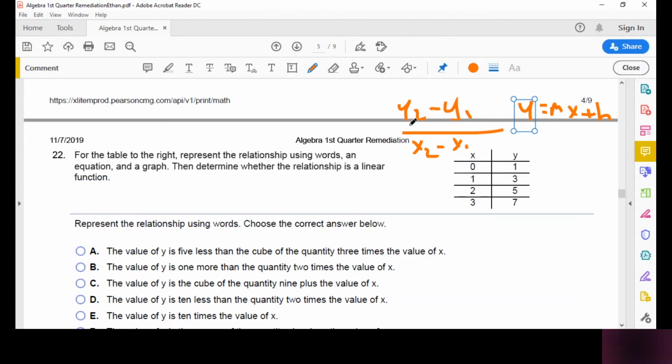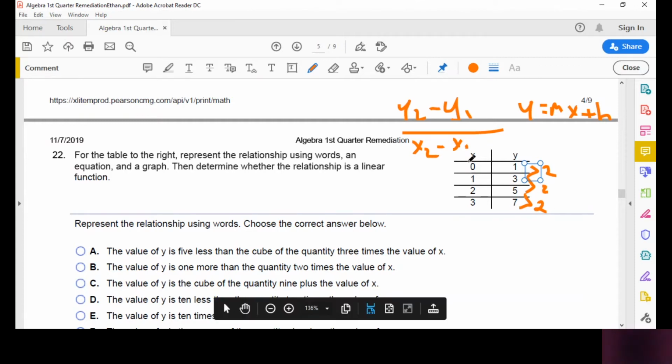And the slope is right here. It's the rise over 1, or your changes from one to the next. What is this change? 2. What is this change? 2. What is this change? 2. So we can already tell just by looking at this, every time x increases by 1, our y's increase by 2.